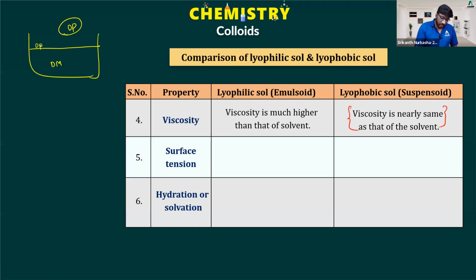So the dispersed phase will try to separate out, and they mostly lie on the surface. They try not to disturb the dispersion medium. So the surface tension and viscosity of the lyophobic sol is almost the same as that of the pure dispersion medium.